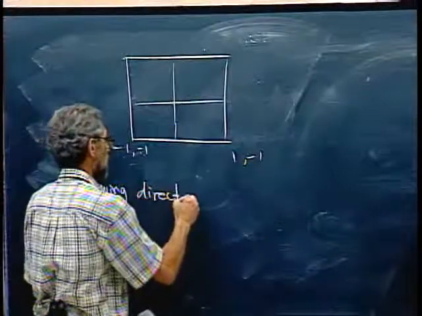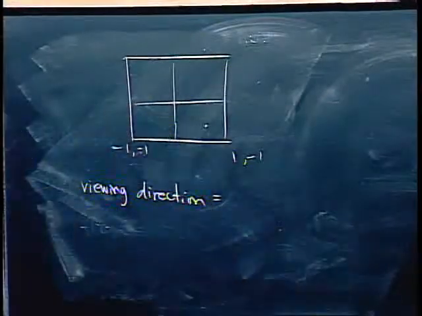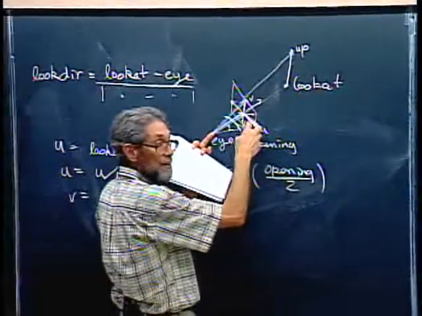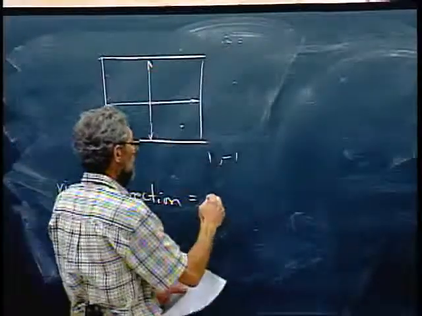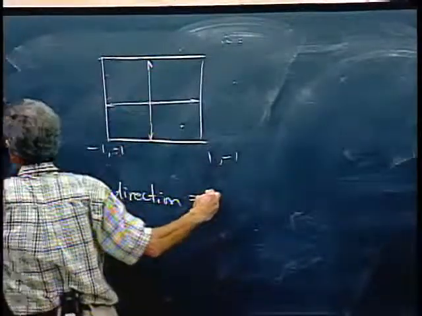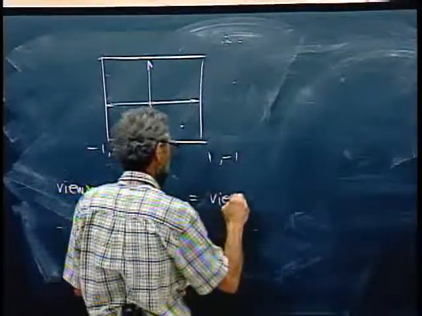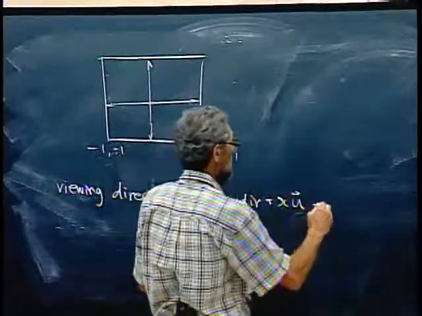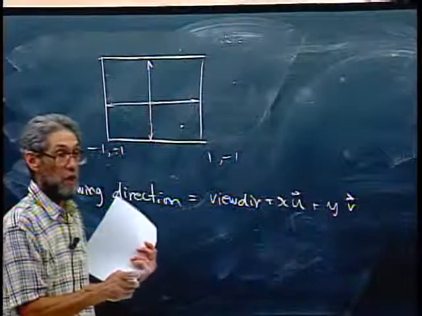If you know an x, y in this coordinate system, it's going to be the viewing direction plus the scalar x times this u direction plus the scalar y times this v direction. It's not only direction, it's actually multiplied by a number to give you the right angle of opening.